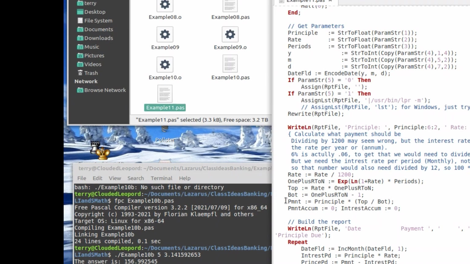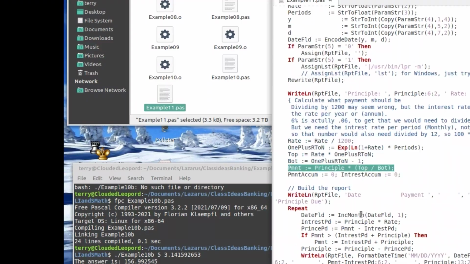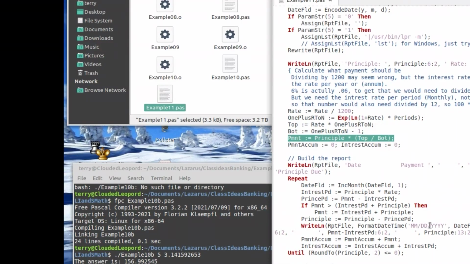Which is right here, and that's going to calculate the payment, the monthly payment, and then it's going to loop through and calculate the principal paid and the interest paid and such.